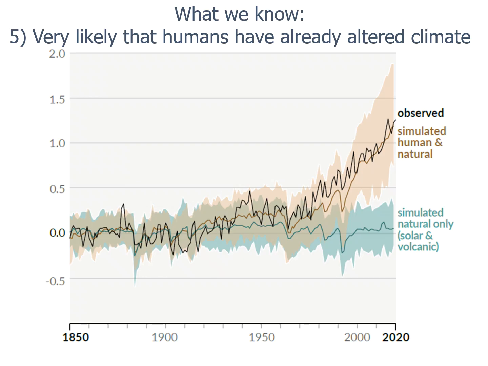Okay, now what do we know? We know that it's very likely that humans have already altered climate. So it's not that climate change is going to occur, it's that climate change has occurred and is expected to continue to occur.